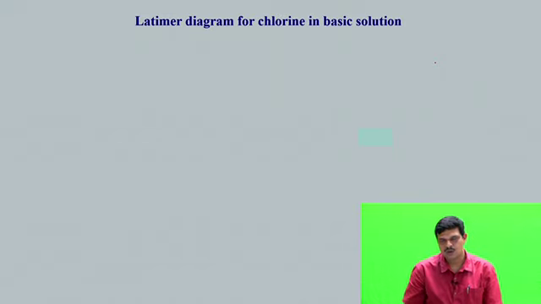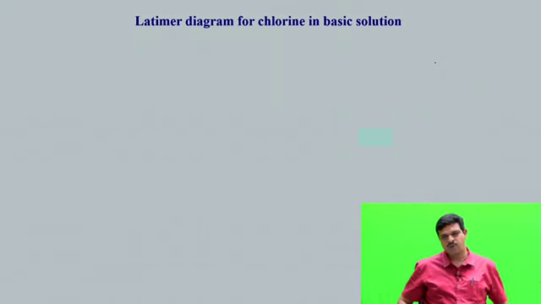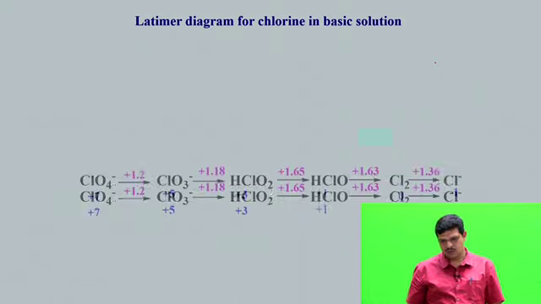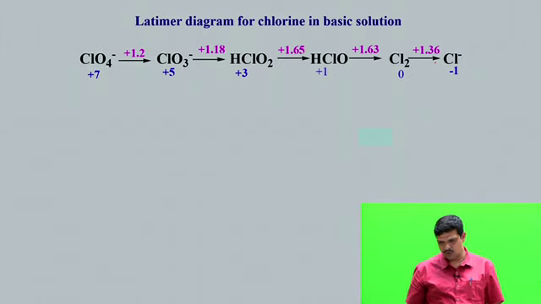So by the Latimer diagram, that is why it's nice, you can calculate the reduction potential of a non-adjacent species. If you have the Latimer diagram, you will know which one is the strongest oxidizing agent and which one is the strongest reducing agent.